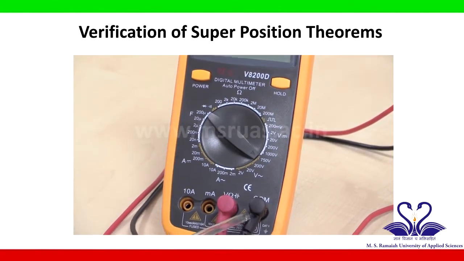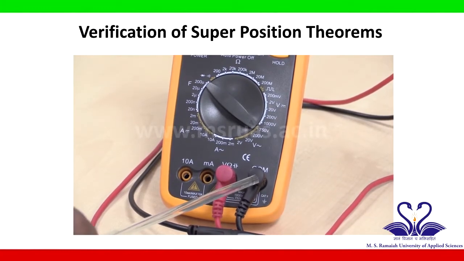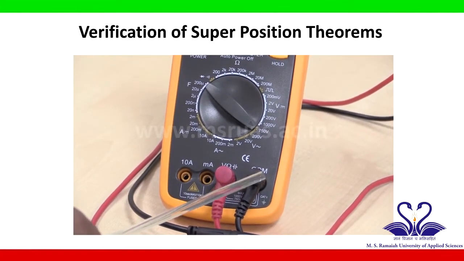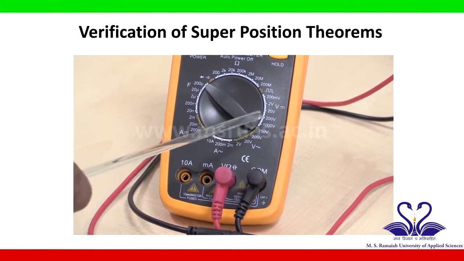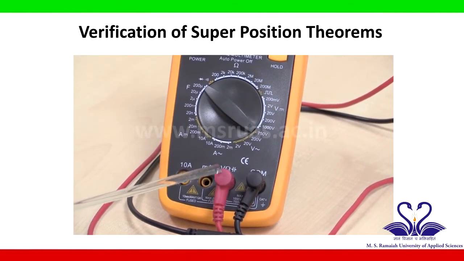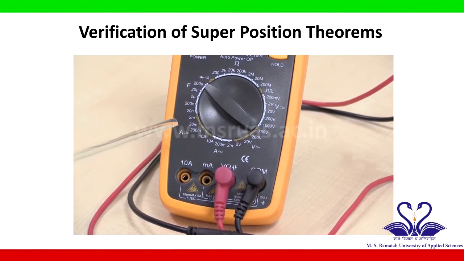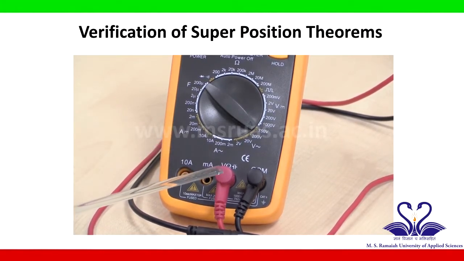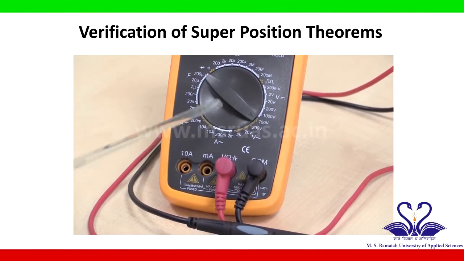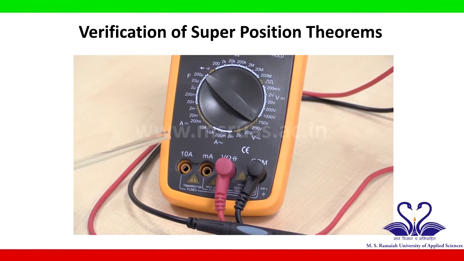This is the common terminal. The black probe has to always be put into the common point. If we are measuring AC voltages or DC voltages, the red probe has to be put in the V position. If we are measuring AC current or DC current in a few milliamps, the red probe has to be put in the milliamps position. If we are measuring AC current or DC current in terms of a few amps, the red probe has to be put in the 10 amp position.